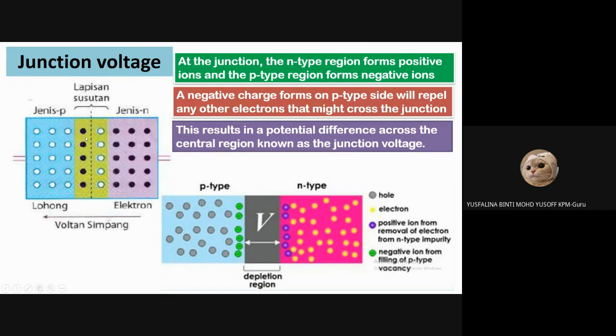If the junction voltage is higher, it is very hard for the negative charge to move to the positive, to the holes. Okay, next part.